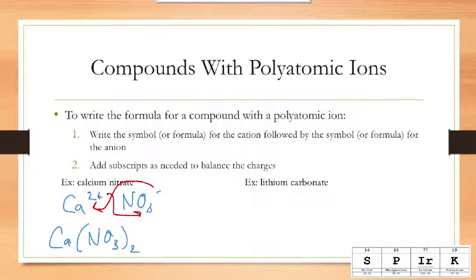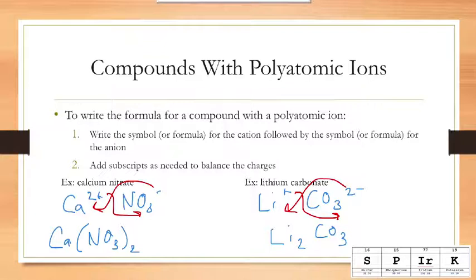So now if we look at lithium carbonate, we have Li+ and CO3 2-. We can crisscross those charges to give us our subscripts, and we have Li2CO3.